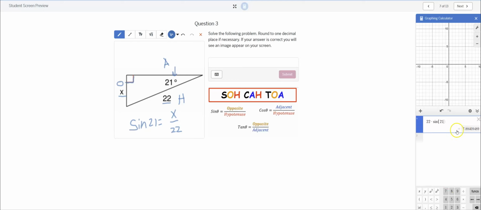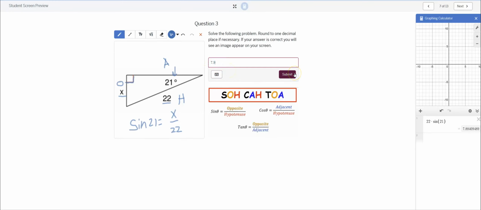And I get 7.88. Now again, we're rounding to 1 decimal place. So 7.88, that second 8 is going to round it up. Since I'm going to the 1 decimal place, I can't just leave it at 8 because it would have rounded it up to 7.9. Now I don't put 8 for the whole thing because I'm rounding to that decimal.